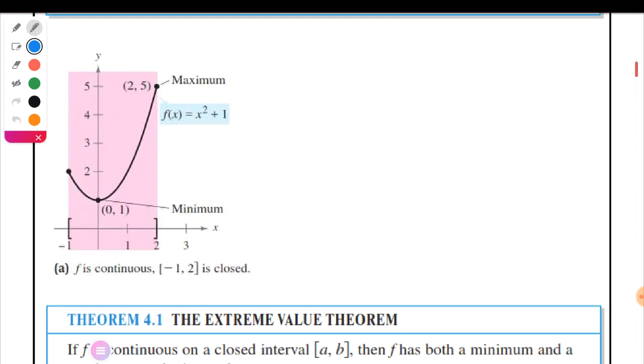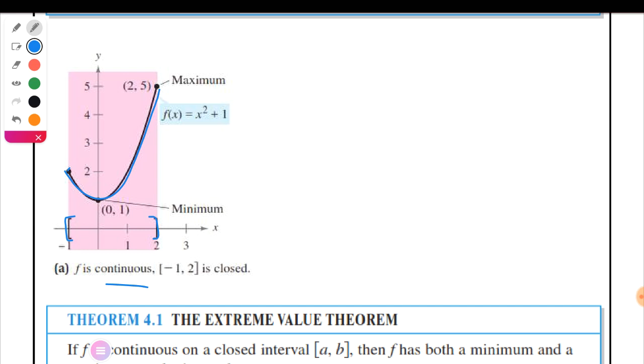Here, let me show you on the graph. As you see here, the function is defined and continuous. It means defined or continuous at every value on the closed interval from -1 to 2. As you see, it is defined everywhere, or the function is continuous.